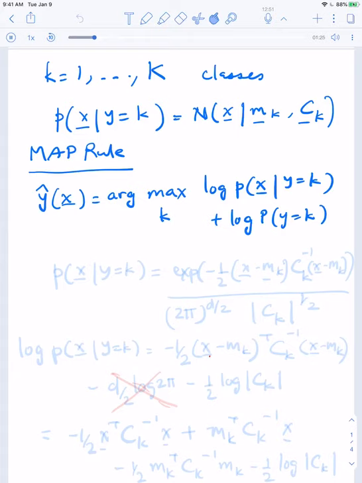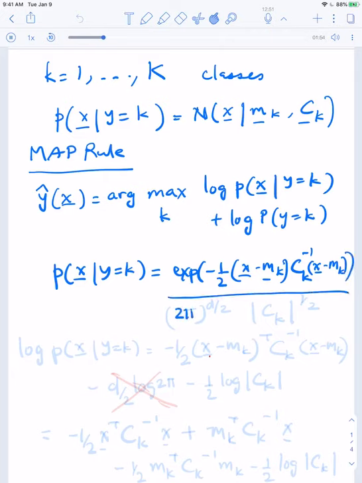And to simplify it, let's look at what it looks like for the Gaussian density, right? The Gaussian density conditioned on the kth class has the exponential of minus half, x minus the mean, covariance inverse, x minus the mean again, divided by 2 pi to the dimension divided by 2, and the square root of the determinant of the covariance.